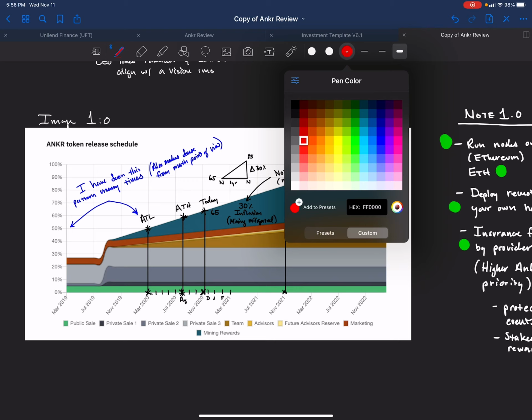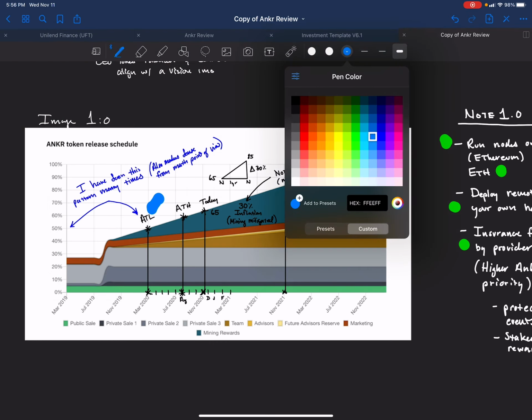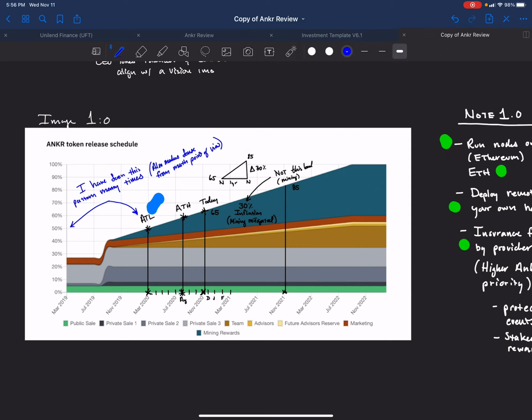Okay, so the all-time high was back in March of this year, and one pattern I've noticed, if you are aware of my channel, I've seen many times: when 50% of the tokens are released, that's usually when the all-time low is reached.